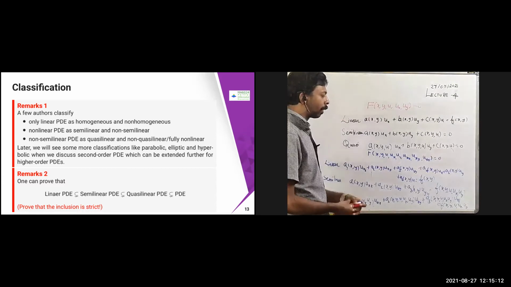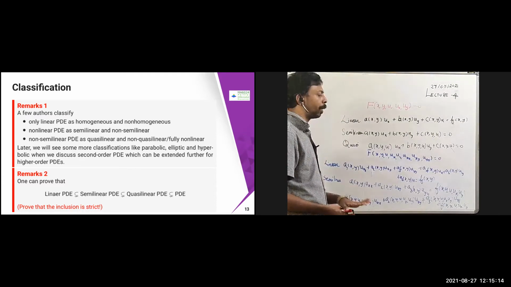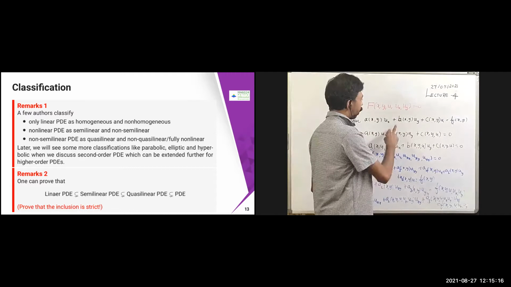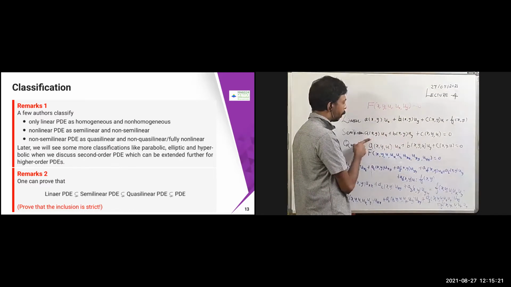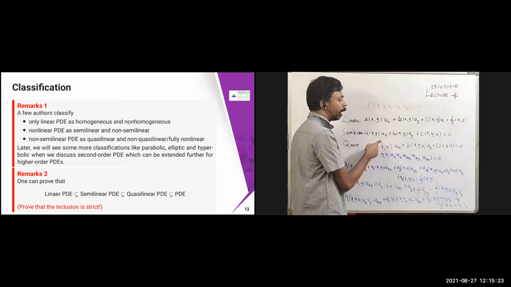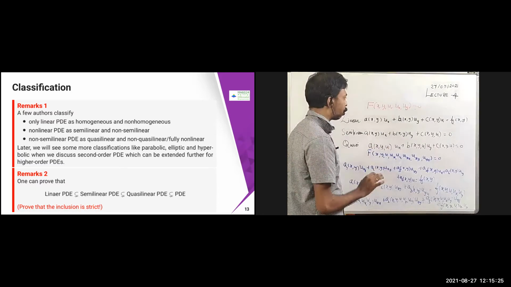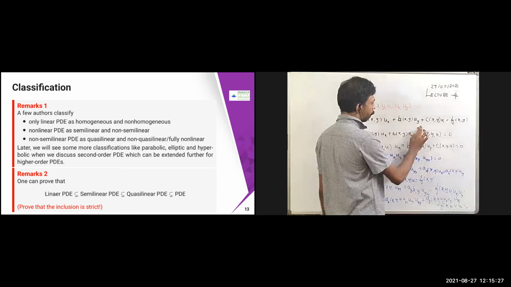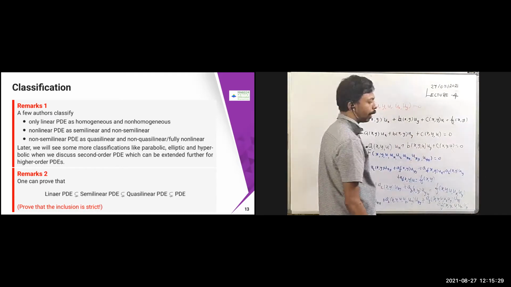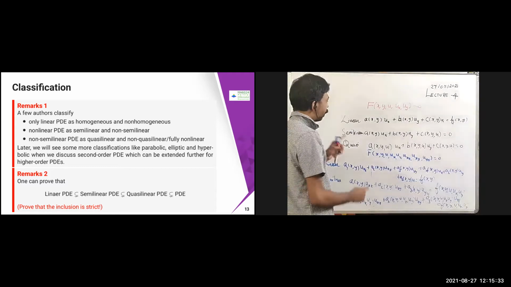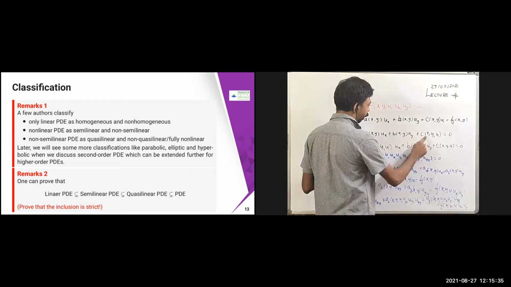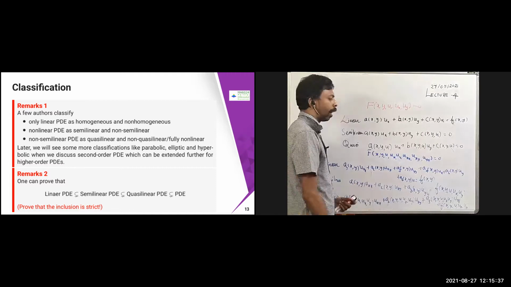And some authors classify only non-linear PDEs as semi-linear or non-semi-linear. As per the definition I gave here, a linear PDE automatically becomes a semi-linear PDE. But some authors say that if it is a non-linear PDE, then only they classify it as semi-linear or non-semi-linear. Similarly, if it is non-semi-linear, then only they classify it as quasi-linear or non-quasi-linear.